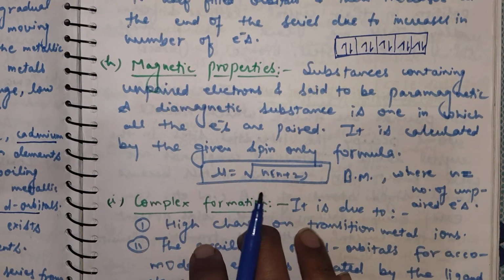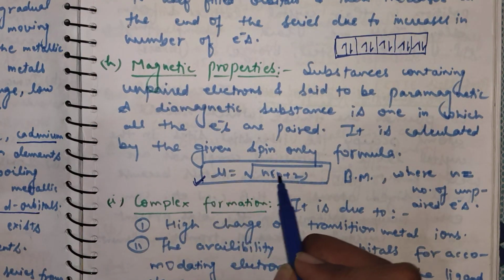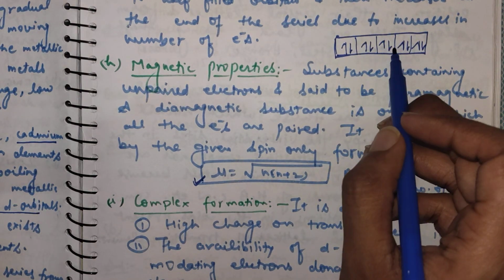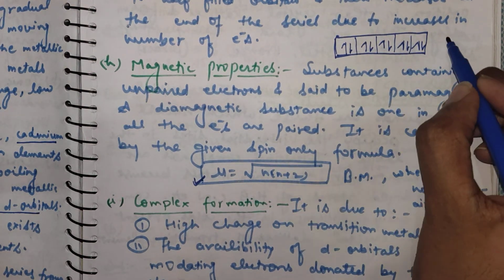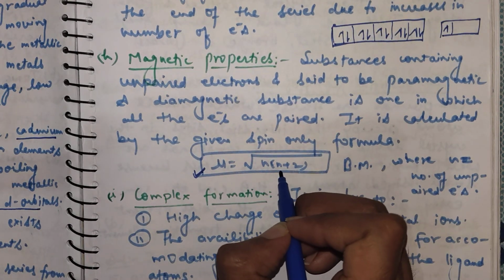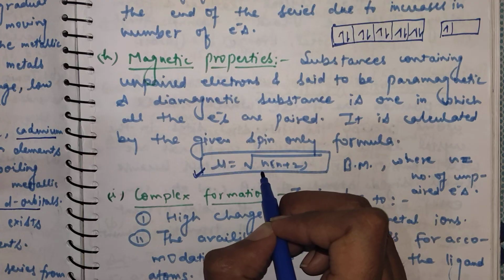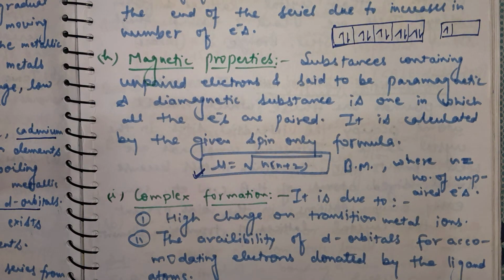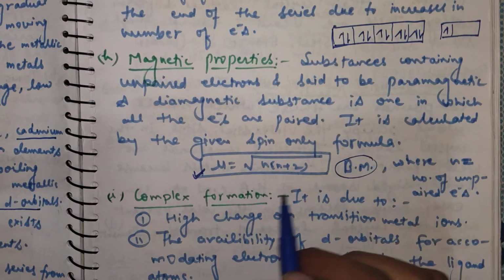The magnetic moment can be calculated from the number of unpaired electrons, where n is the number of unpaired electrons. Here there are 0 unpaired electrons, so the magnetic moment is 0. But if there is one electron, then on putting the value of 1, 1 plus 2 is 3, and 3 times 1 is 3, so root 3, which is 1.732, is the magnetic moment, measured in Bohr magneton.